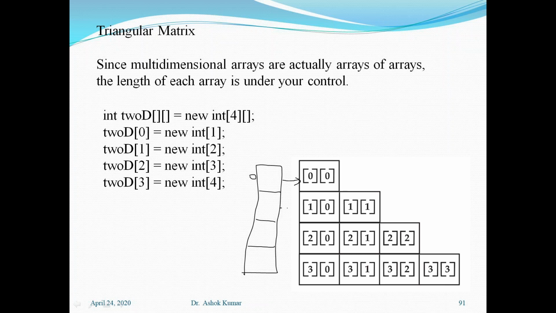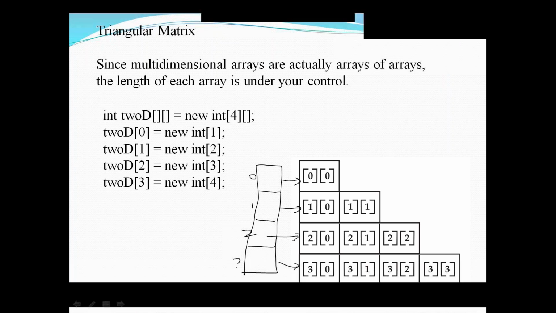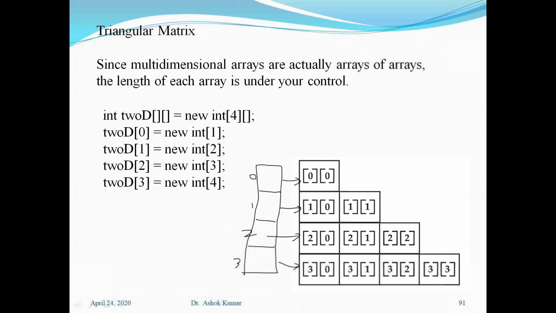Similarly, this is assigning the reference of the 2-element array to 2D1, this is assigning this to 2D2, and this one will assign to 2D3. So this is a one-dimensional array of references, and every reference holds the address of another one-dimensional array.